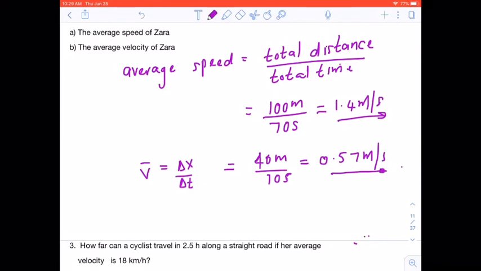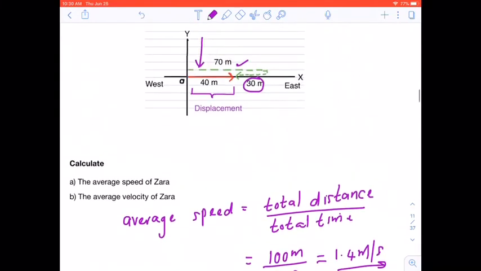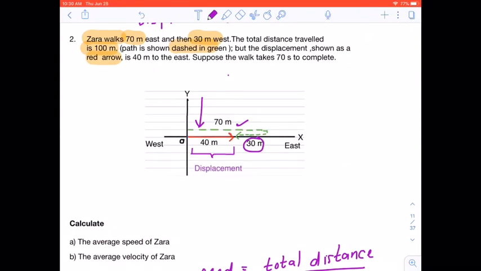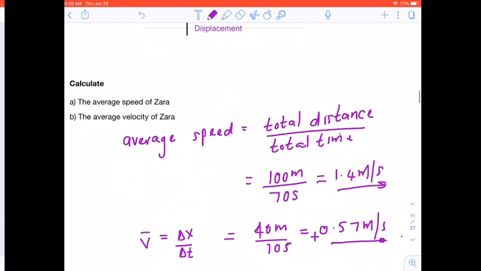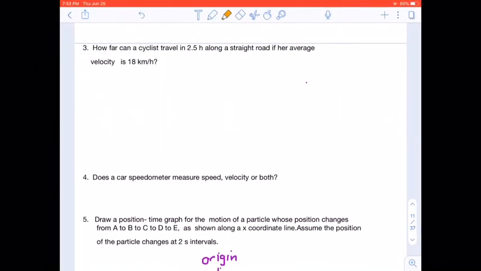Right? And that is its velocity, and it is positive, as you can see in which direction your arrow is facing.